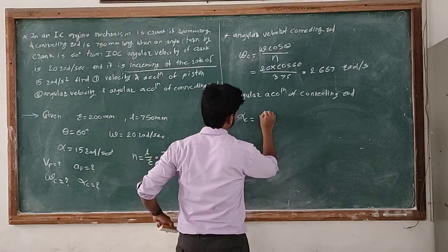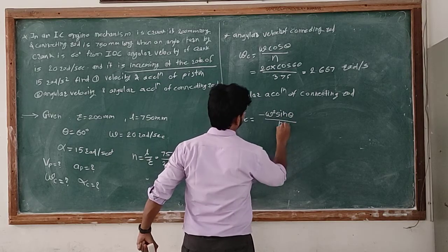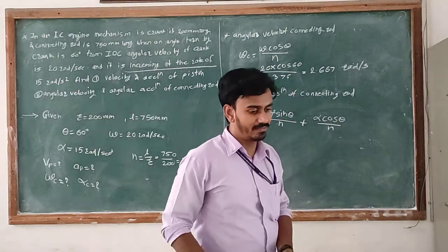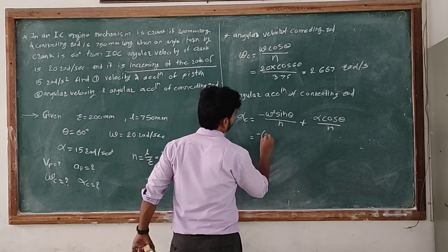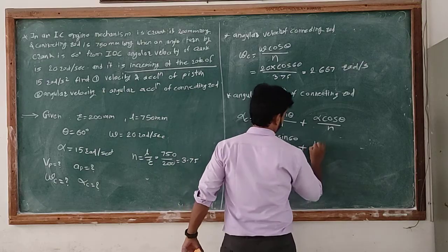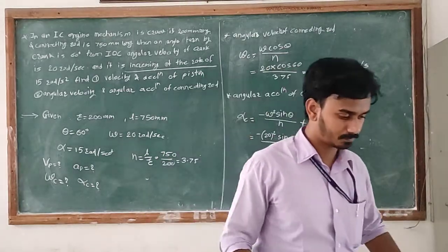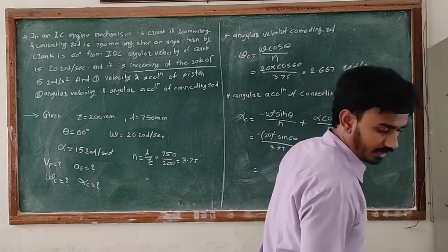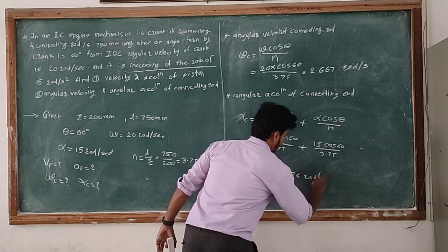So the formula is minus omega square into sin of theta divided by n plus alpha into cos of theta divided by n. Here we put the minus sign, omega is 20 square, sin of 60 divided by 3.75, plus alpha is 15 into cos of 60 divided by 3.75, and it is equal to 90.376 radian per second square.